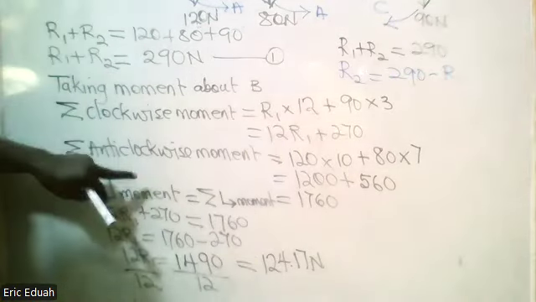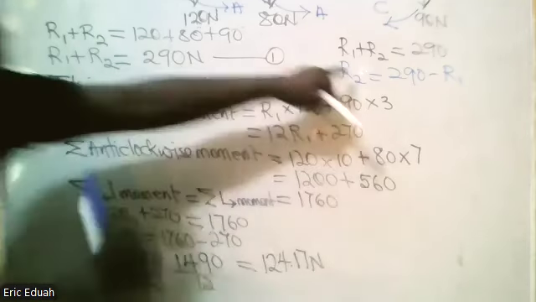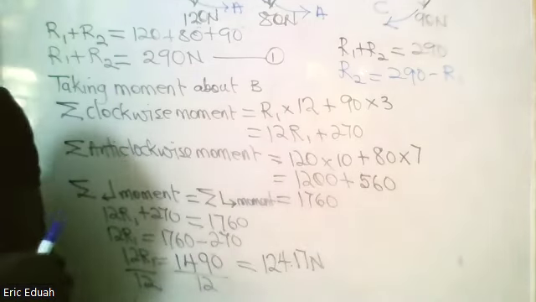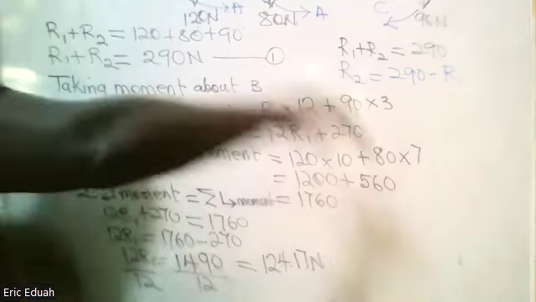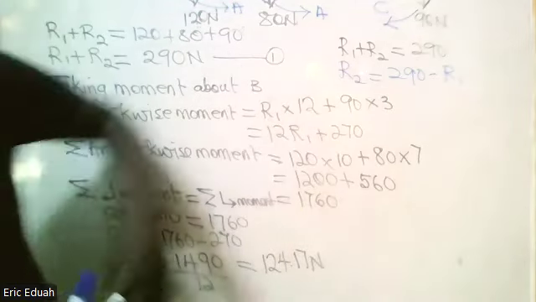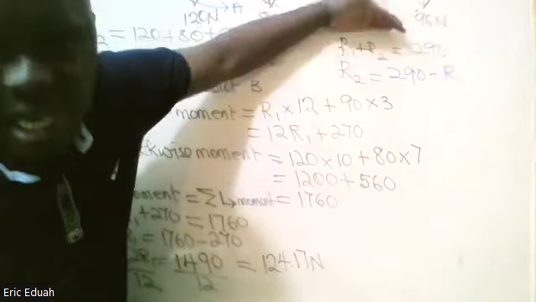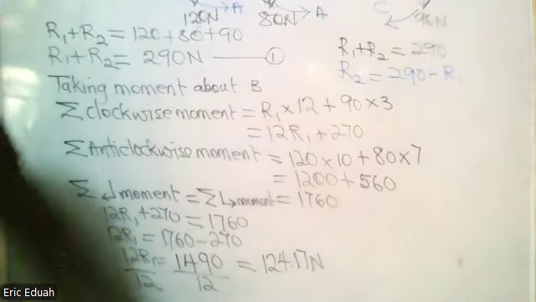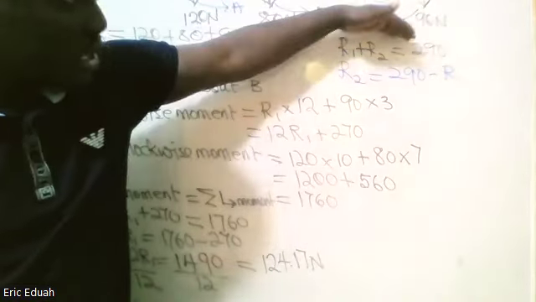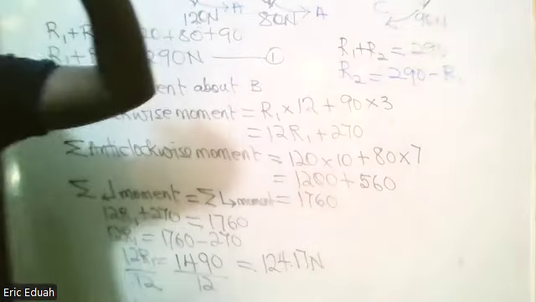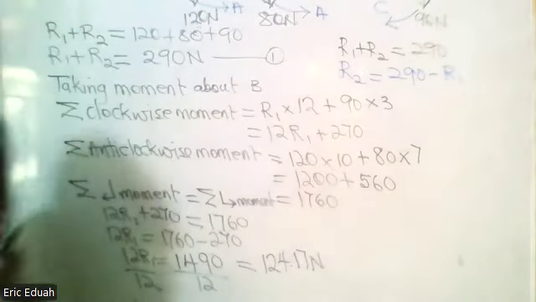But in case you had R1 wrong, you wouldn't know. But if you determine R2 through the other process, then you use this as a check of your answer. If R1 and R2 give you 290, then you are sure that your answers are correct.